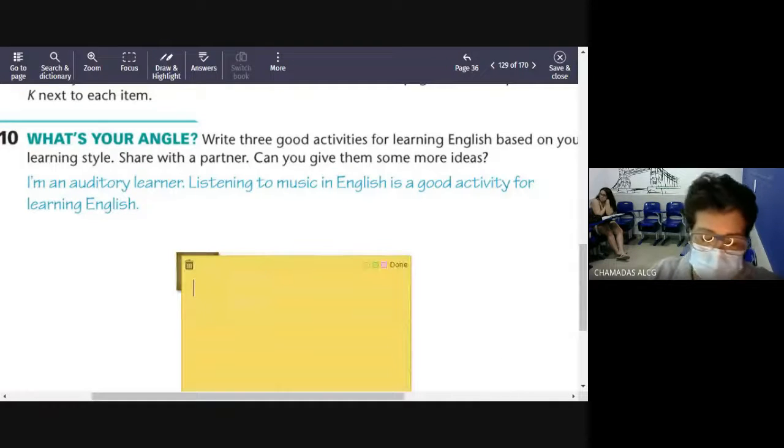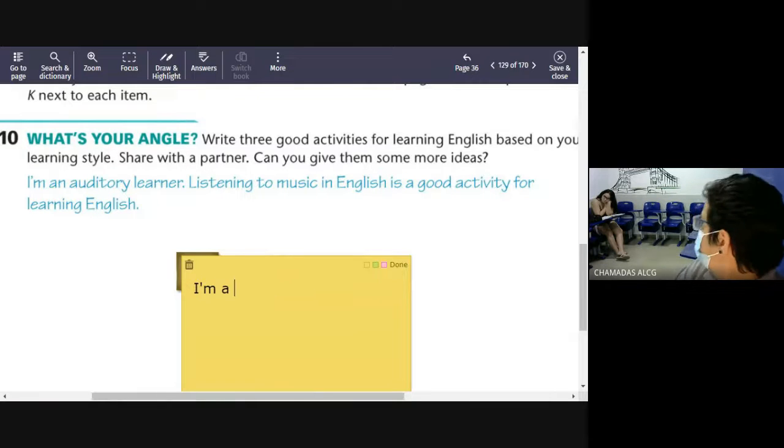You can say, what do you think, Julie? Are you visual? Yeah? Yeah, according to the lessons you gave last week, I think you are visual. Remember. So we can put like that. I'm a visual learner.